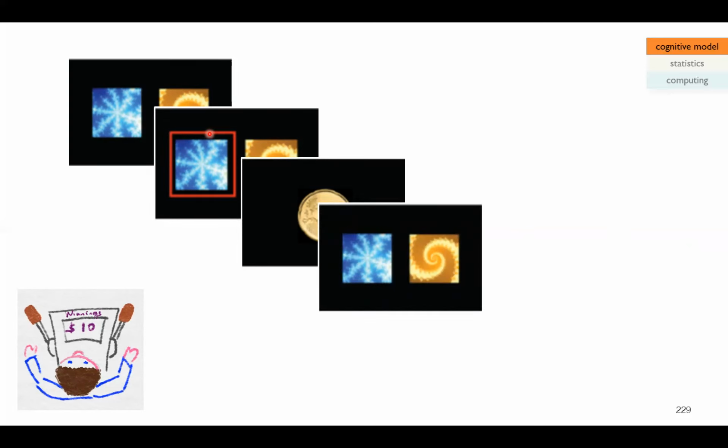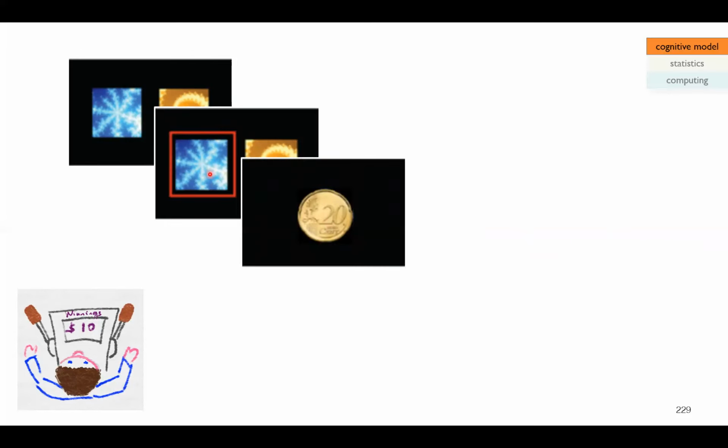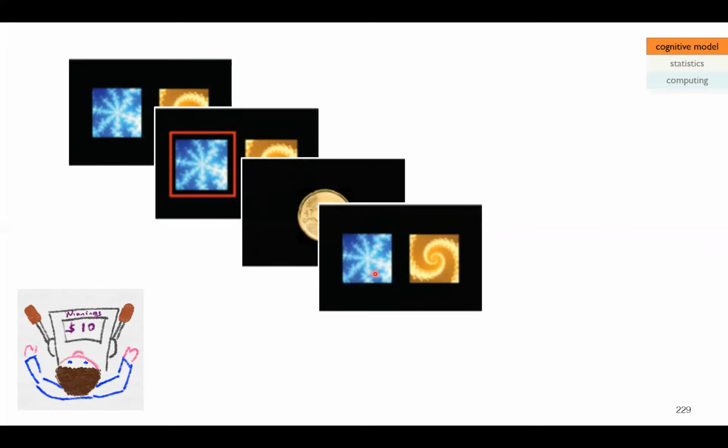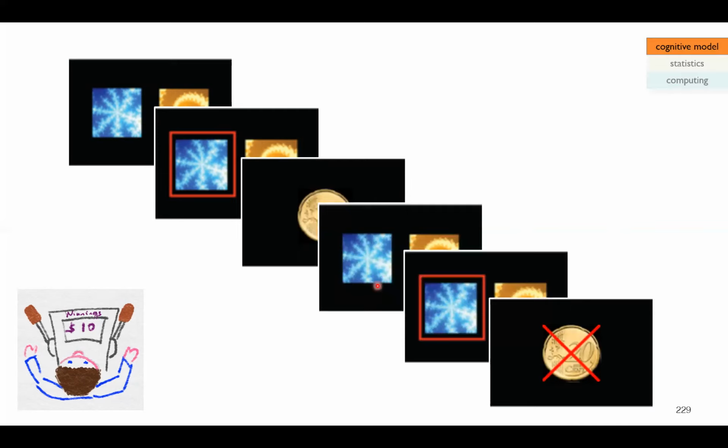They will use this feedback to update their evaluation regarding the options. In this case, at the beginning, blue and yellow are random, they mean nothing. But after getting a positive reward, the participants will be more likely to choose the blue, because the blue one is more rewarded and then the action is reinforced, okay? So this is the idea.